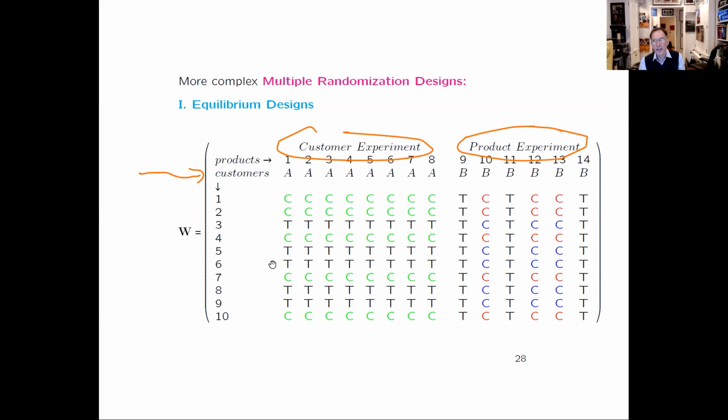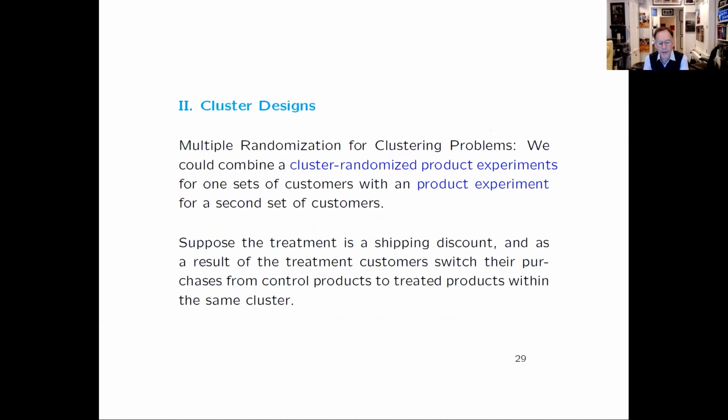And so this is going to get us 6 groups overall that allows us to learn about complex spillover patterns. The second type of additional design beyond the simple double randomization designs is to do multiple randomization for clustering problems.